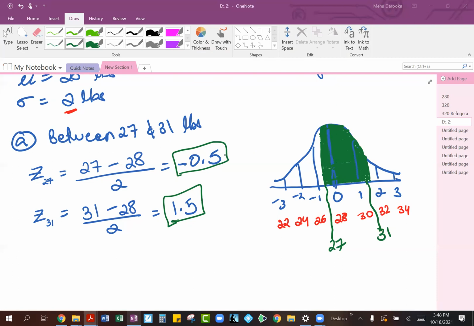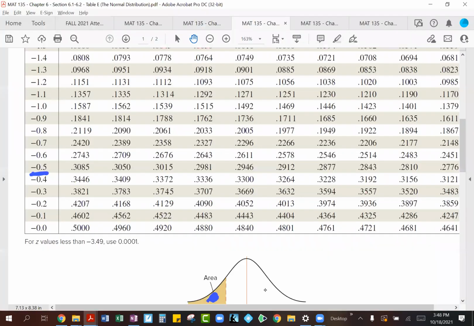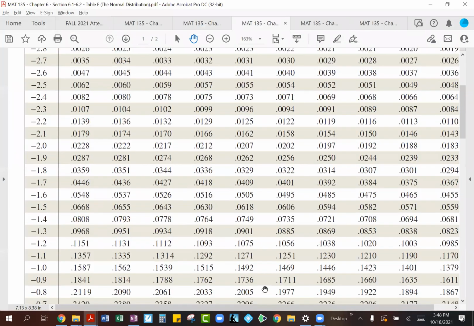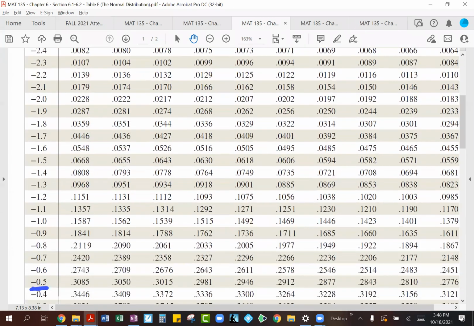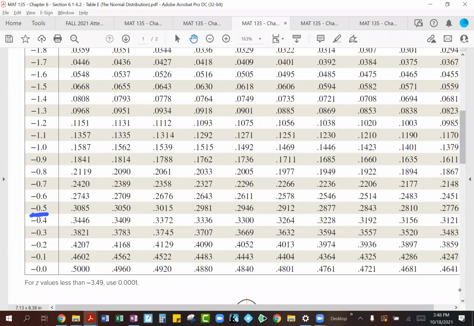Now you have no other number next to it, so we can assume there's a 0 after that 5. So negative 0.5 on the left, and then on the top, you will just be at 0.00, because we didn't have any other numbers after the 5. So where the two of them meet will give us our area for that first number.